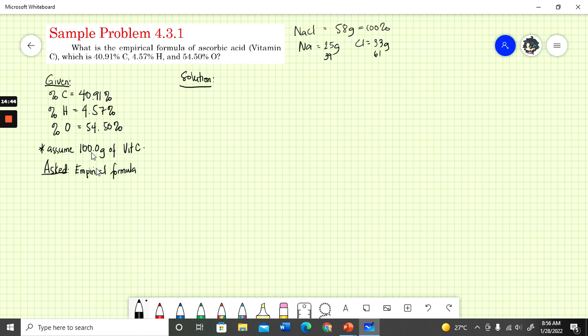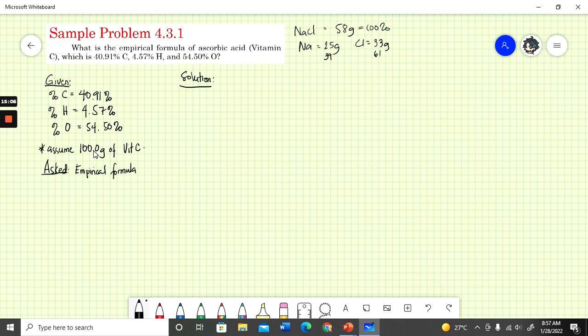So here, what we're going to do is assume we have 100 grams of vitamin C. If we do that, these individual percentages should add up to 100%. So 100 grams is 100%. I hope you're seeing that.